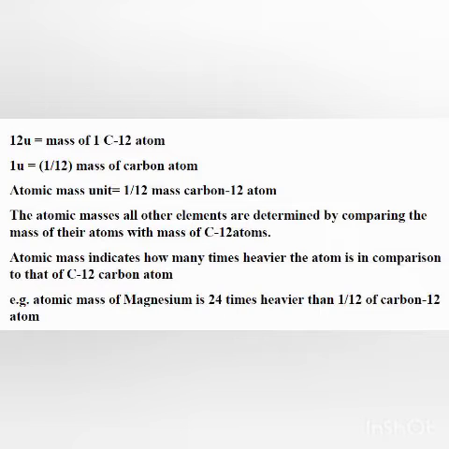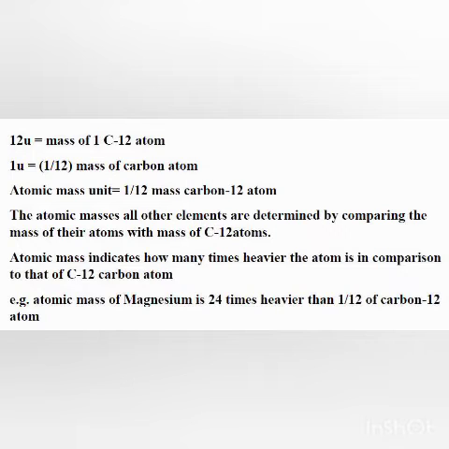What do you mean by 1 by 12 mass of carbon atom? If you take a carbon atom, you divide it into 12 equal pieces, and the mass of one piece will be equal to 1 by 12. You have studied ratio and proportions, I think. So what is 1 atomic mass unit?